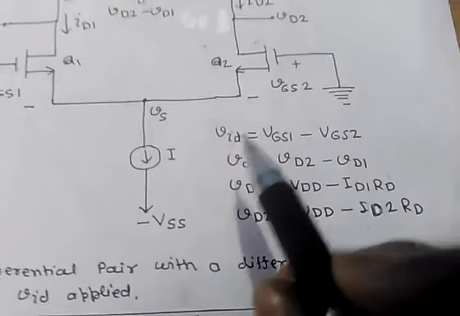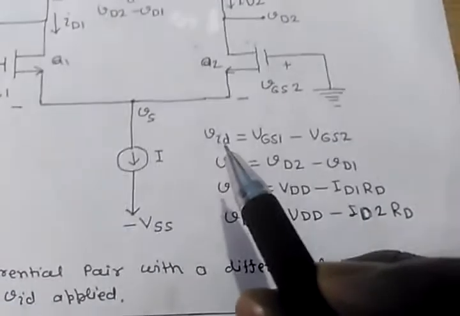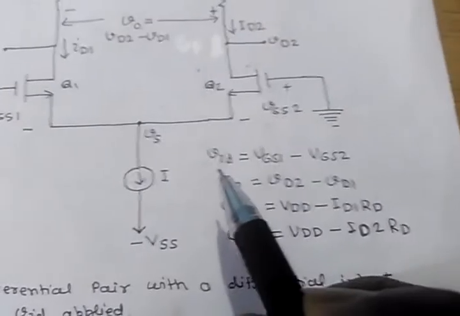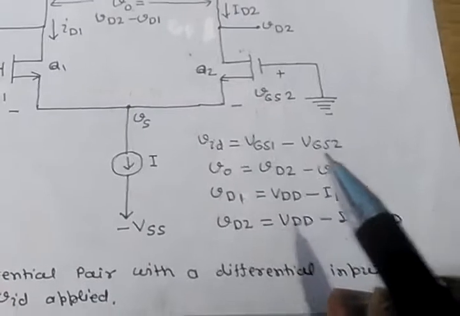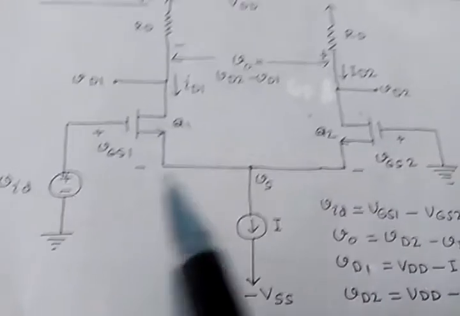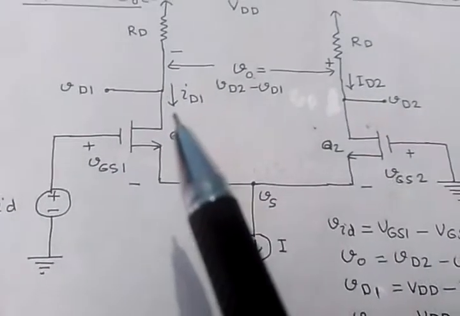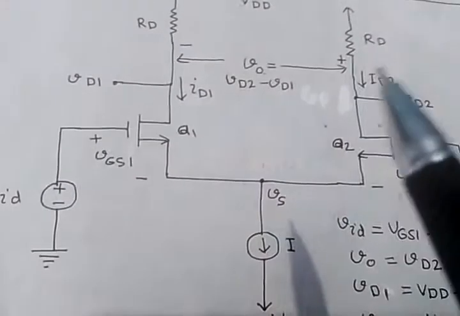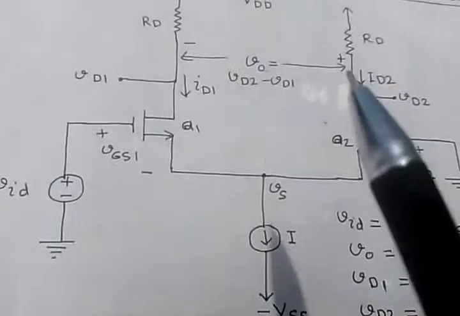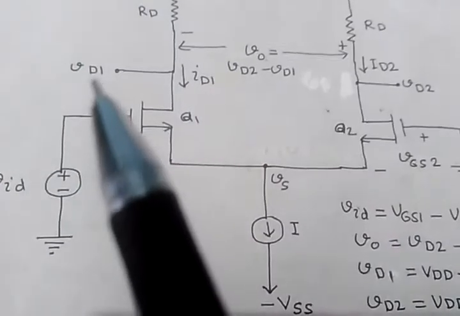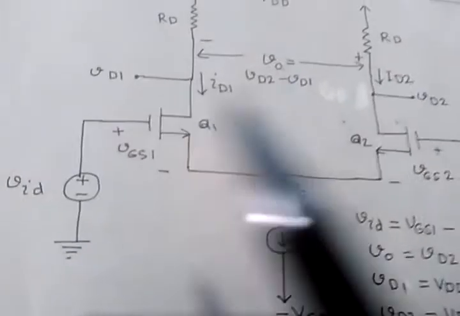Consider the second case. If VID is negative, meaning VGS1 is less than VGS2, then ID1 is less than ID2, and when ID1 is less than ID2, VD1 will be greater than VD2.